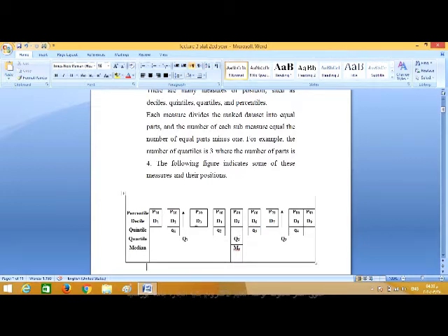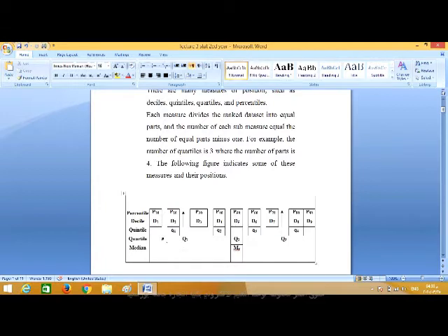So the fourth one is deciles. Decile, denoted by capital D1. So deciles divide the data set into 10 equal parts, and the number of deciles is 9. 10 minus 1 equals 9.